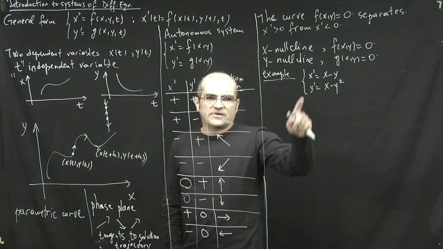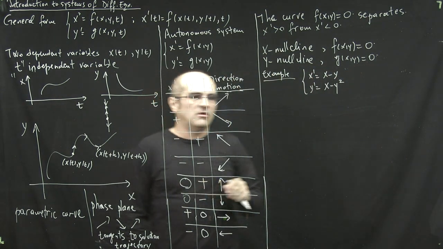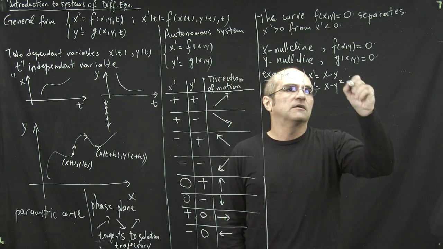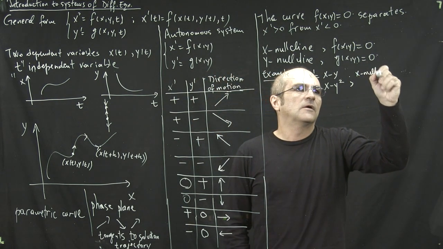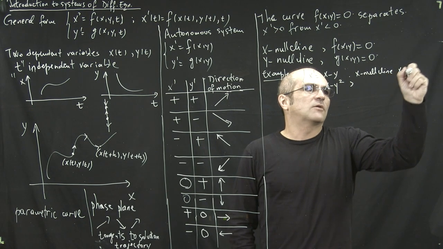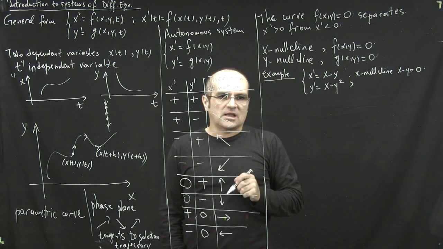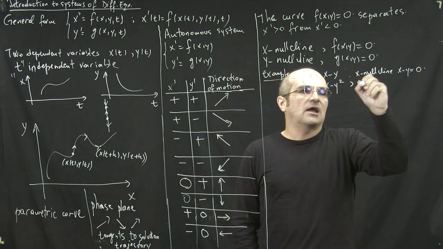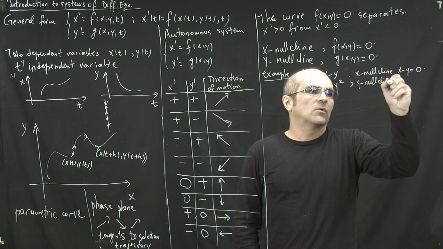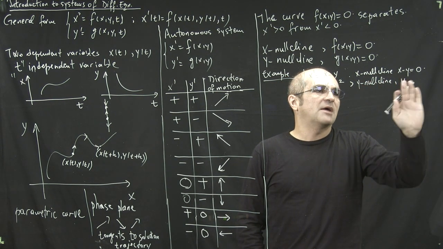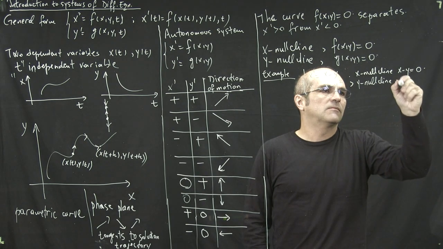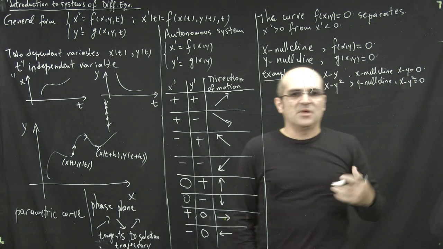If you look at the first one, if I set x prime equals 0, so the x nullcline, x minus y equals 0, that's just a straight line. And the y nullcline, x minus y squared equals 0, that's going to be a horizontal parabola.